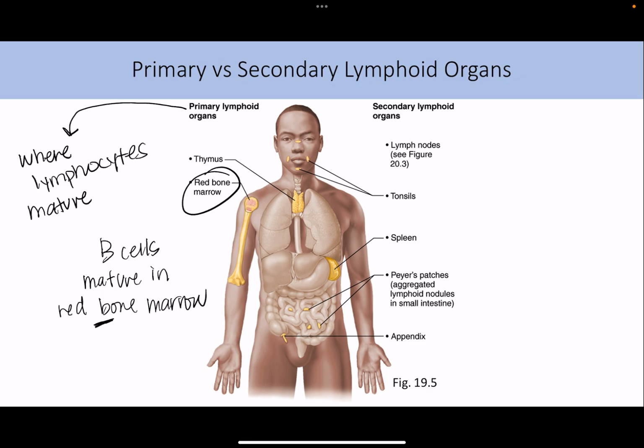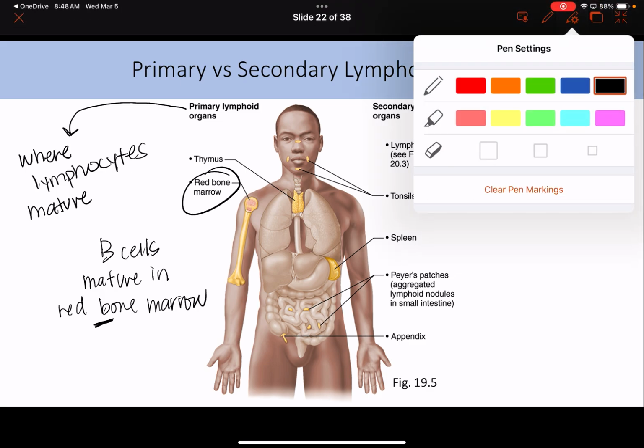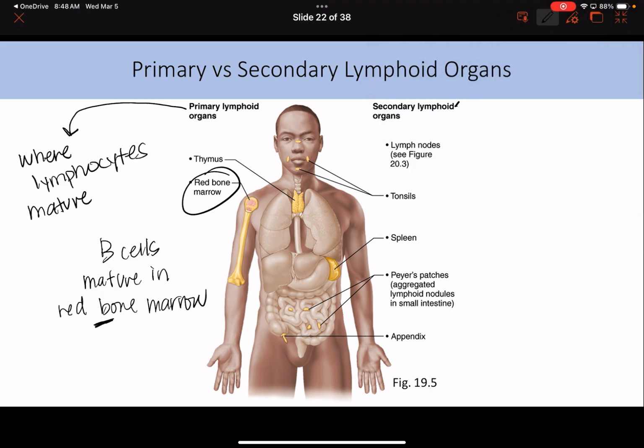Okay, so primary lymphoid organs is where lymphocytes mature. Secondary lymphoid organs is where lymphocytes encounter antigens.